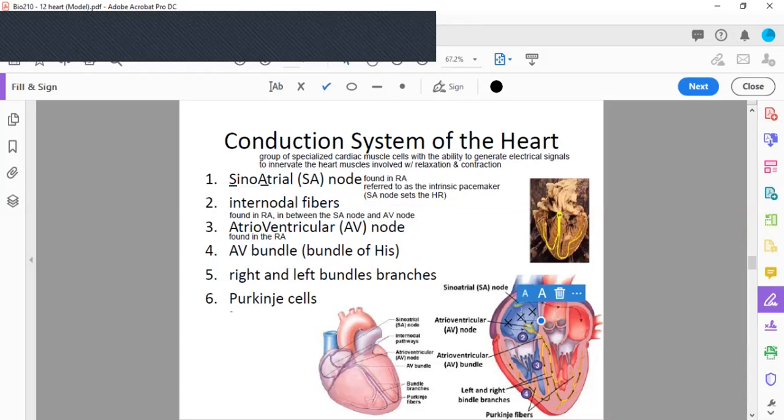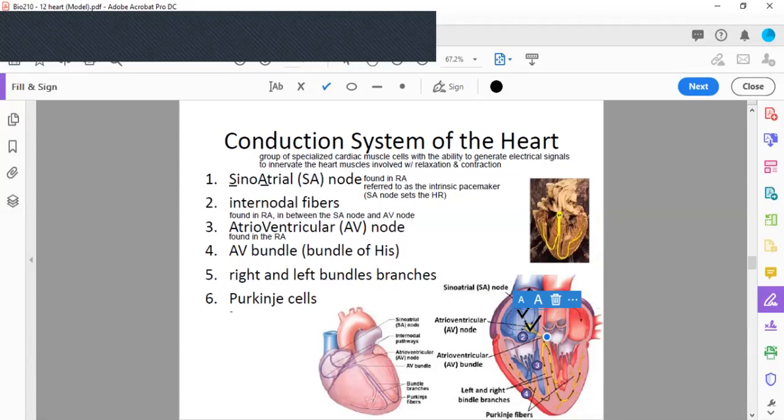I'll erase the X right here, which allows me to put the little check, a black check, and I'll make it bigger. That represents the SA node. The next check represents the internodal fibers, and I'll put another check next to this for the AV node.